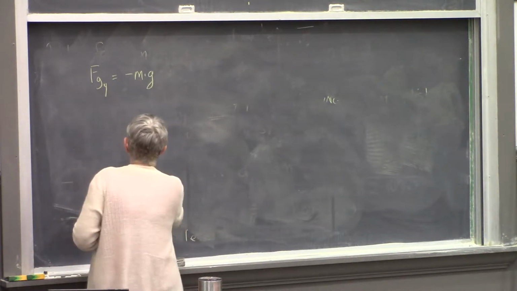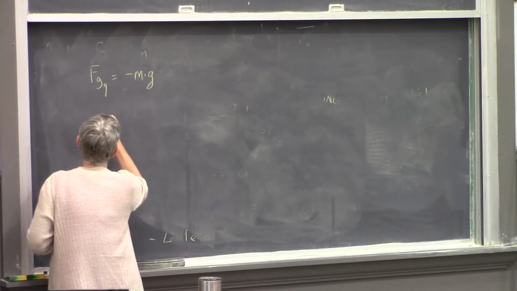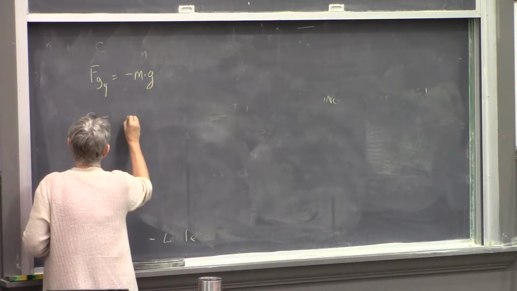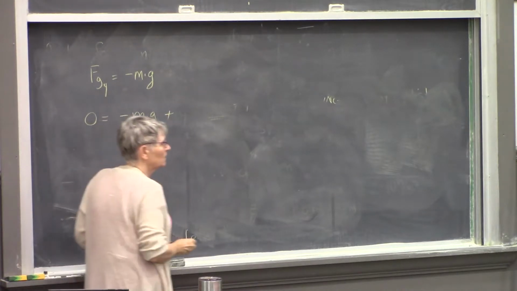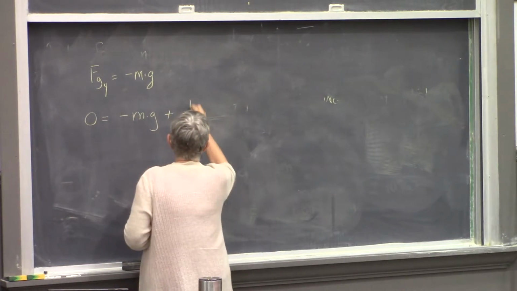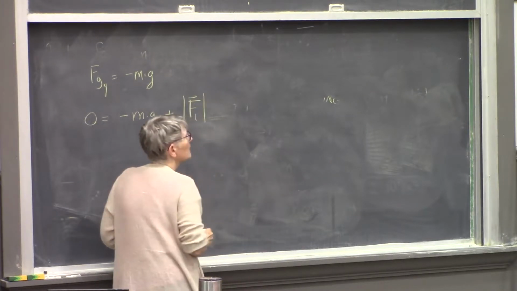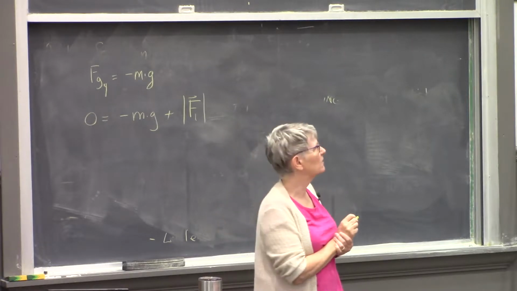And so we can rewrite this equation as 0 equals minus m times g plus the magnitude of F1 times what? How do we get the y component of F1?